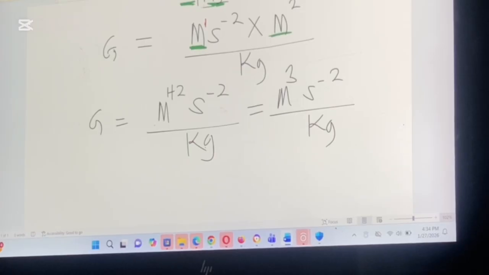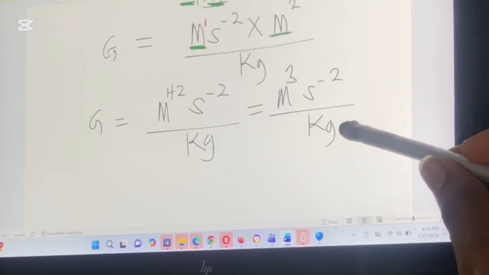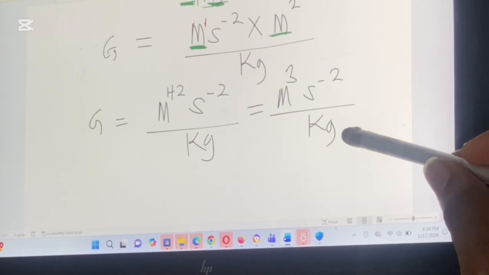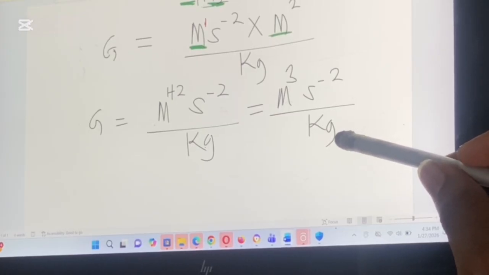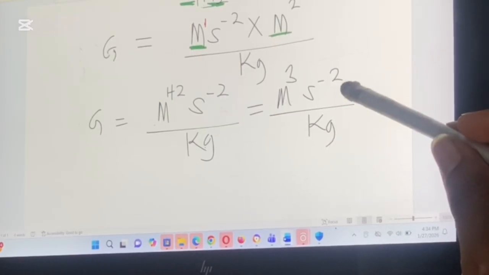The law of units is this: whenever you are expressing any unit, you always express it in a linear form, not in fraction. Please take note. So now let's express this unit in a linear form. To express this in a linear form, I have to take kg from the denominator to the numerator.